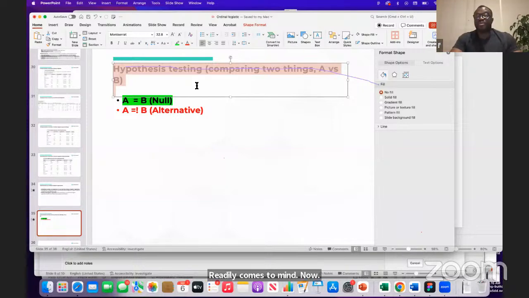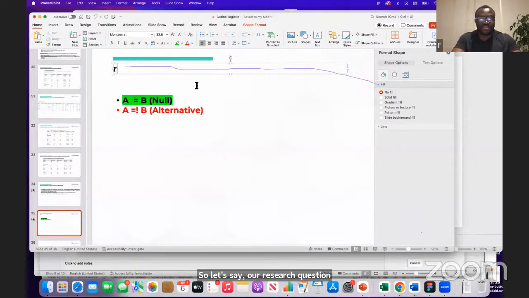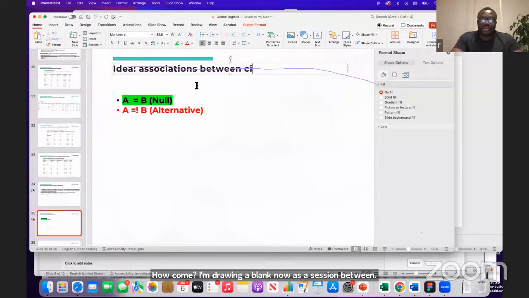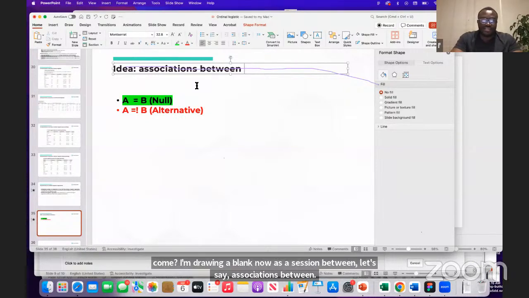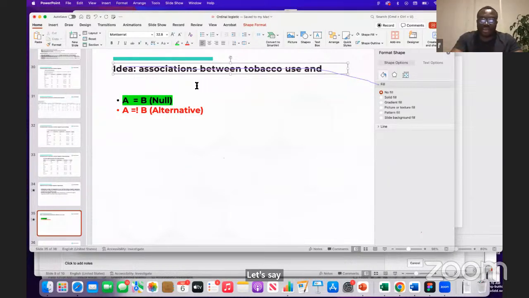So let's say our research idea is the association between, let's say, tobacco use and, let's say, lung cancer. Right, that's the idea. I'll have to formulate a formal research question.